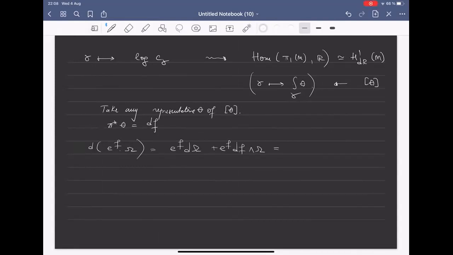Since d omega is 0, because omega is Kähler, what we get is df wedge e to the f times omega. So let's call this new form omega 1.